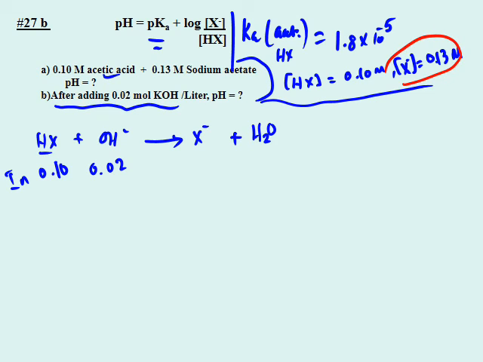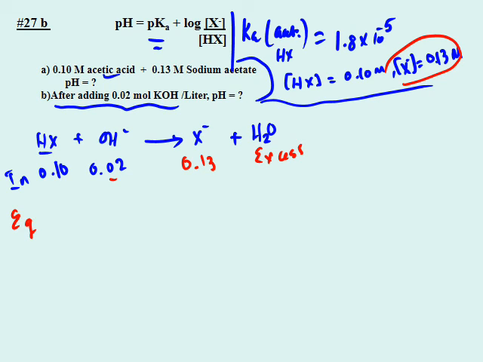Initially you had 0.13 molar, because that was added. Remember, sodium acetate was added, and when sodium gets separated, you get 0.13 molar acetate ion. So you already have acetate ion, and water is in excess. This is a solvent.